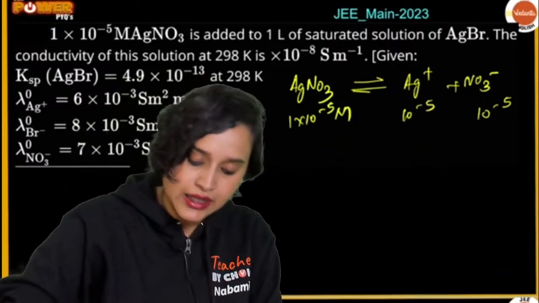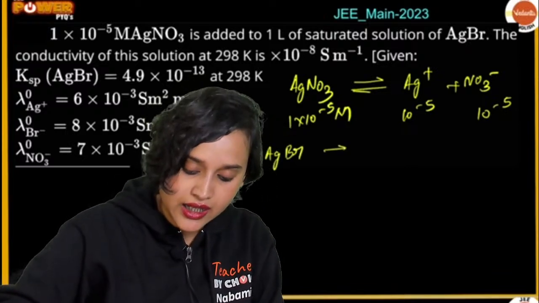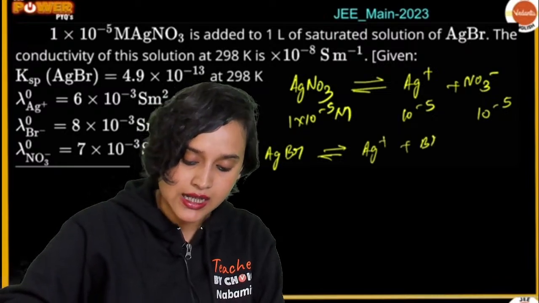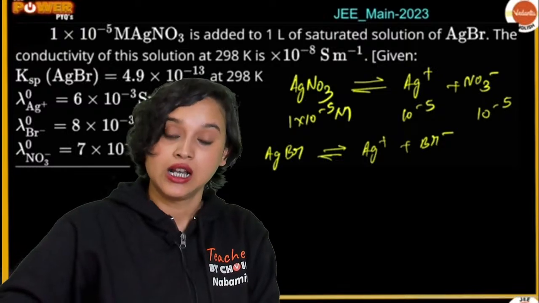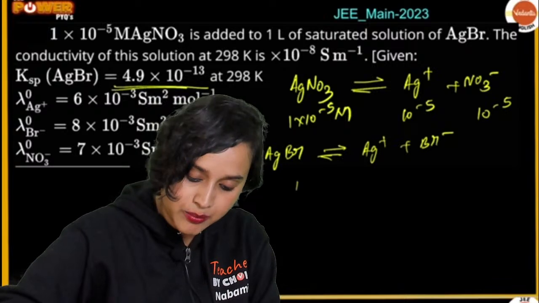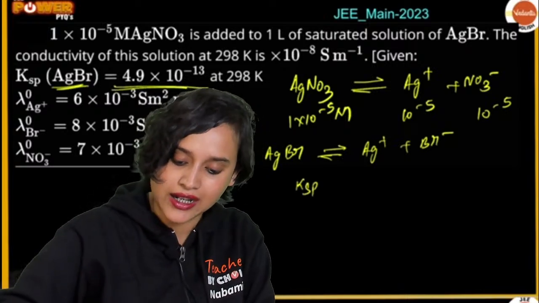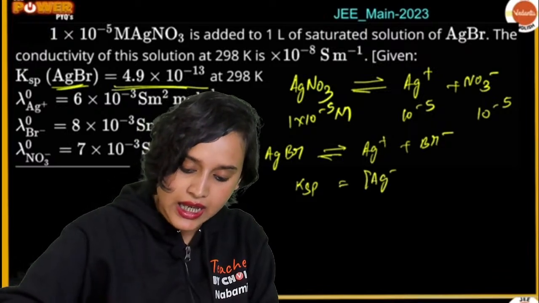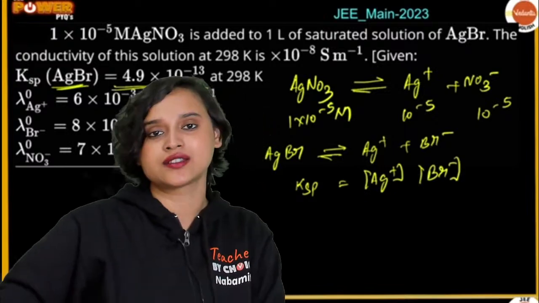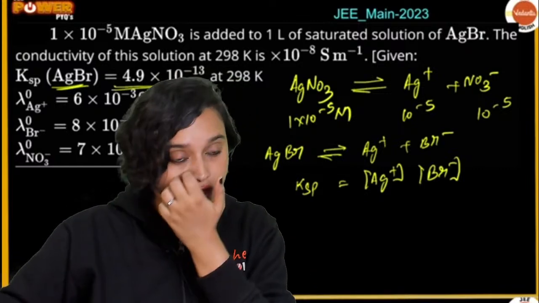Now, let's take AgBr. AgBr is going to dissociate as Ag plus and Br minus. KSP of AgBr is given, and we know that KSP is equal to Ag plus concentration times Br minus concentration. Do you guys remember this?